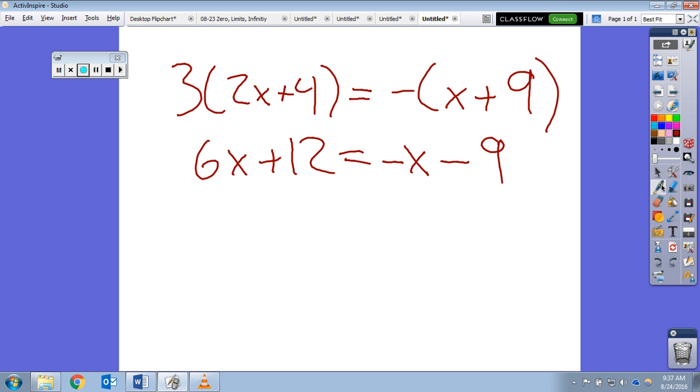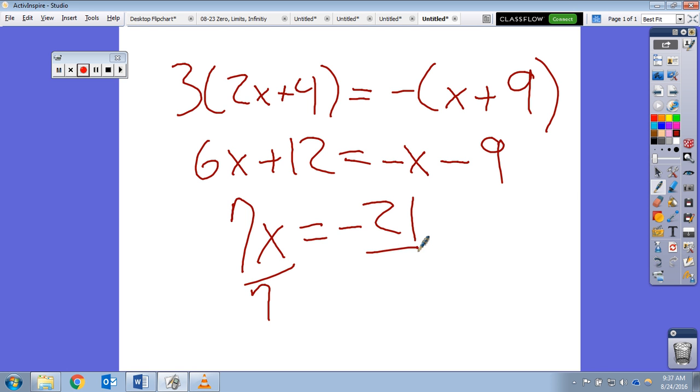We can do it either way. And then you would divide each side by 7. And x equals negative 3.